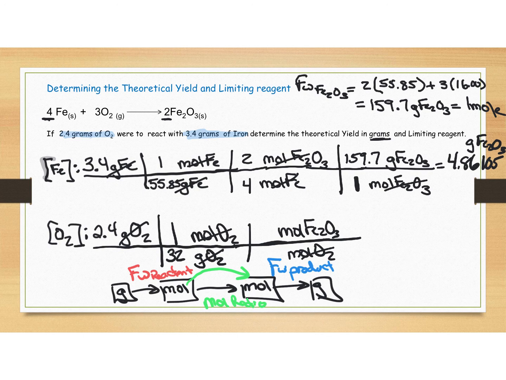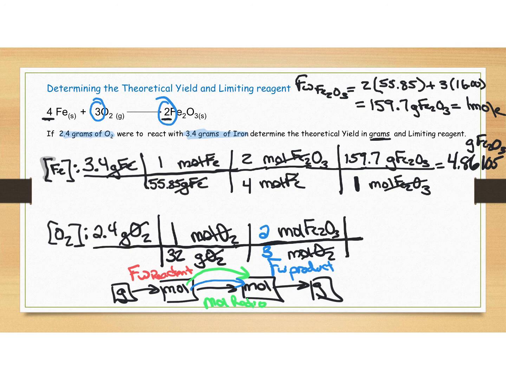Now, I'm going to go up and I'm going to look at my mole ratio. There's a 3 in front of the O2 and a 2 in front of the Fe2O3. So I put a 2 here and a 3 here. This is my mole ratio. I'm going from moles of a reactant to moles of a product.